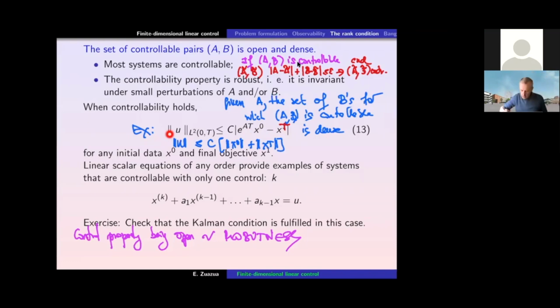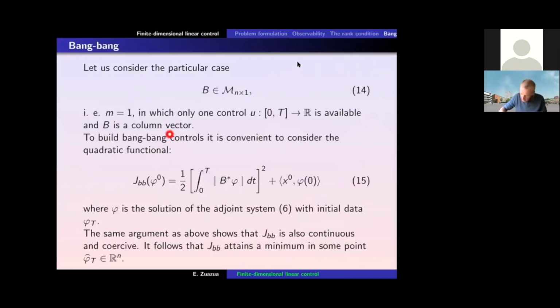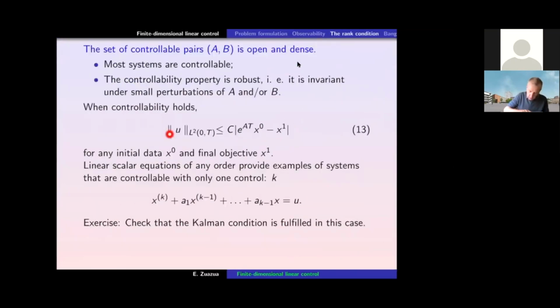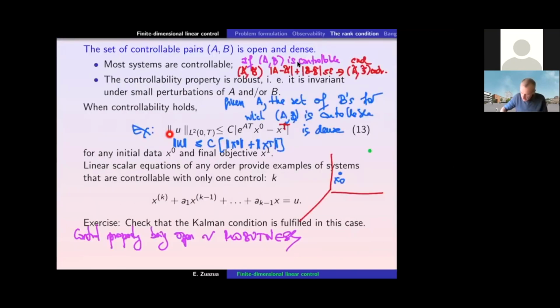Okay. So given a system, if you give me an initial datum, x0, and a target xt, the size of the control you need is not really related to this distance, but is related to the distance between the target and the point to which the trajectory reaches without any control.